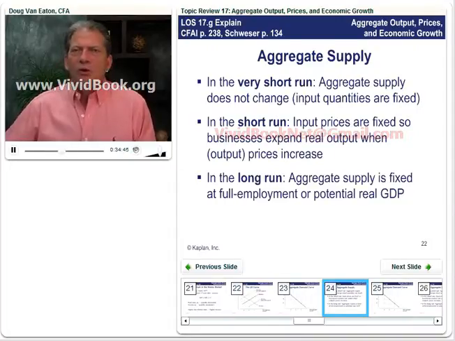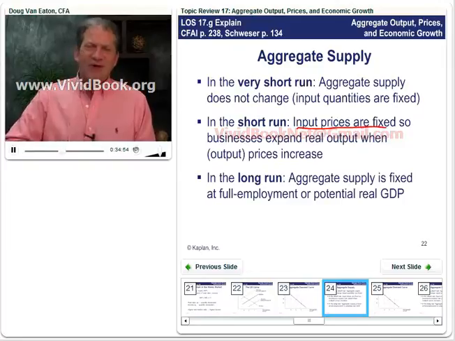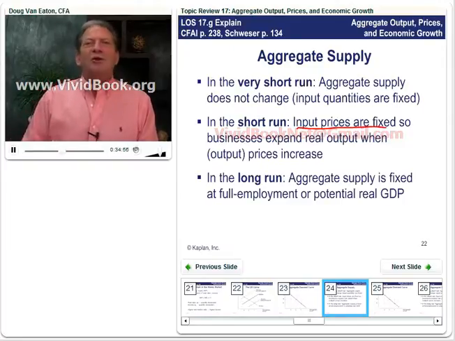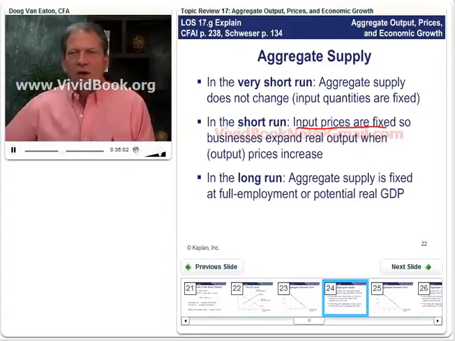This seems a little odd because we're going to allow the prices of final goods, this price level on the y-axis, to vary. But in the short run, we're going to hold input prices fixed, primarily wages, but it could be other important inputs like energy.